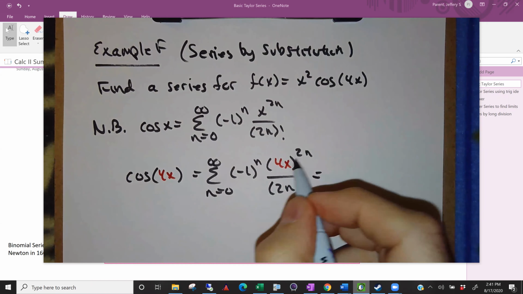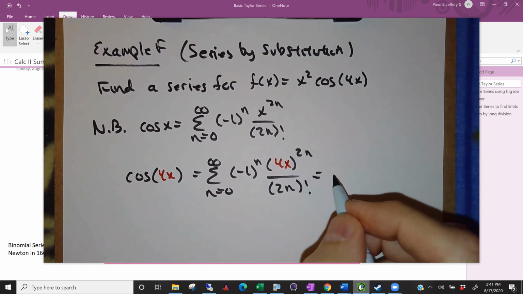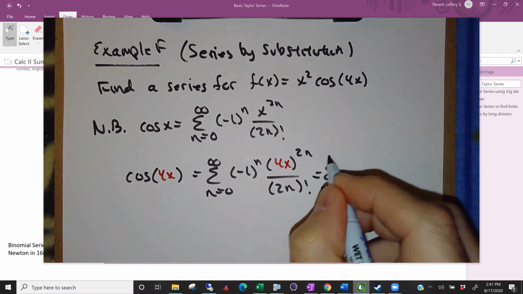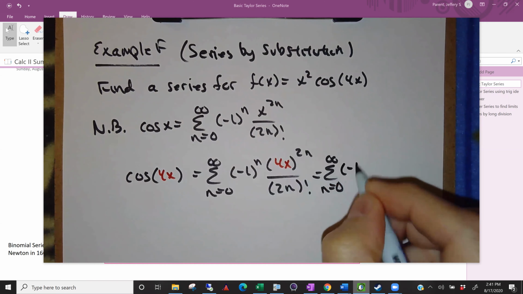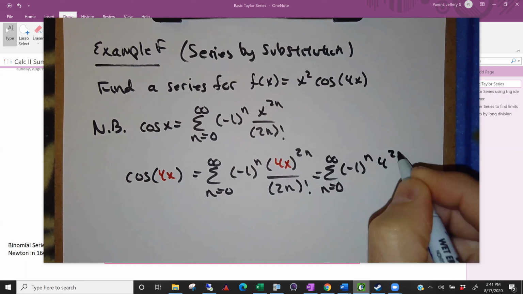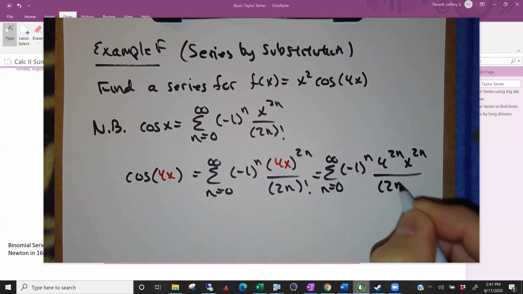Let's clean this up. That's going to be 4 to the 2n and x to the 2n there. So the sum from n equals 0 to infinity, -1 to the n, 4 to the 2n, x to the 2n, over 2n factorial.